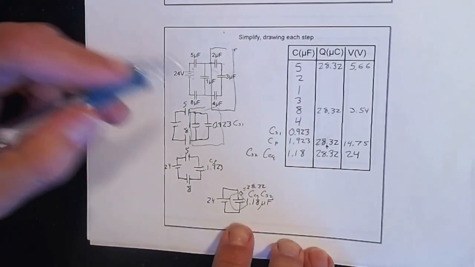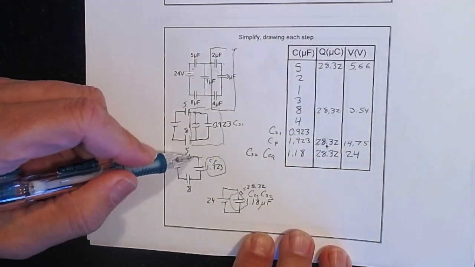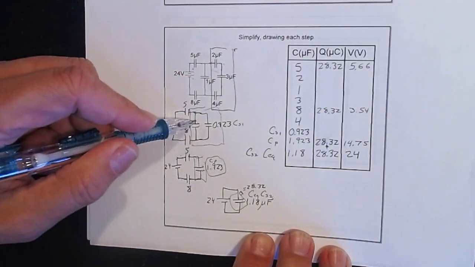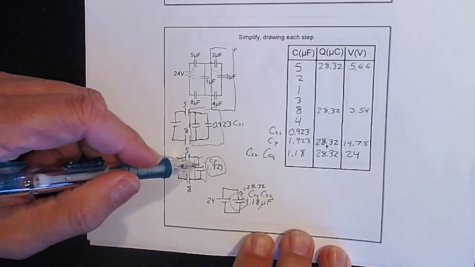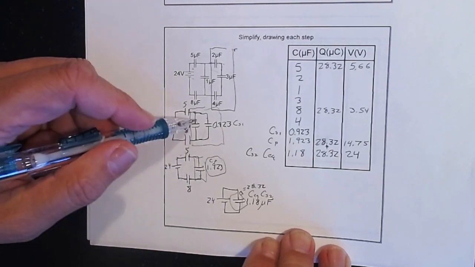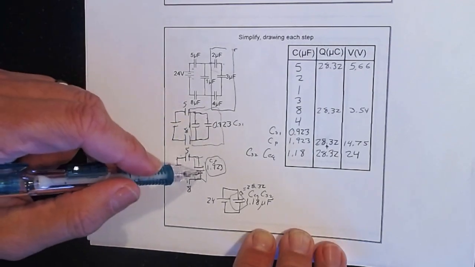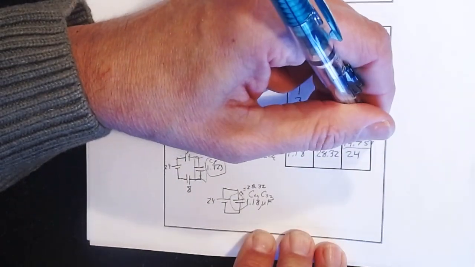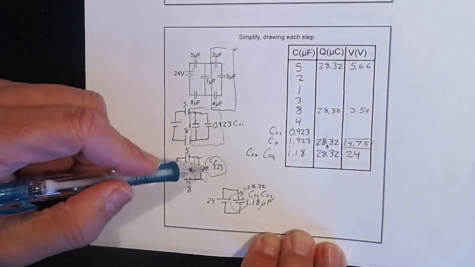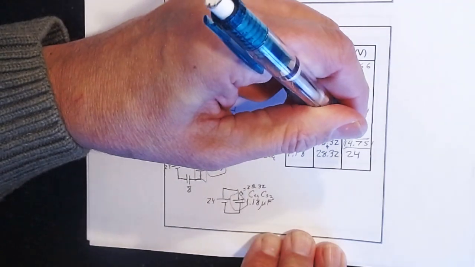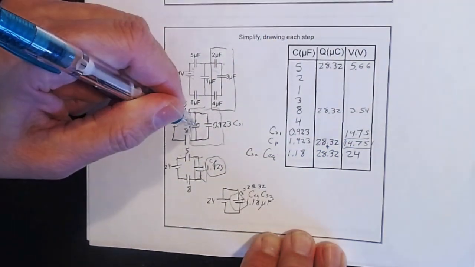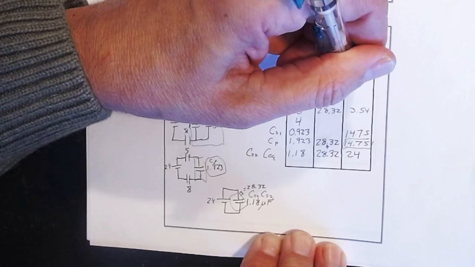But we're not done. Now we want to get this, the C parallel. Remember, this replaced those two. Parallel have the same delta V as the combination and as each other. So whatever this one was, 14.75, I can apply to the 0.923 capacitor and the 1 capacitor.